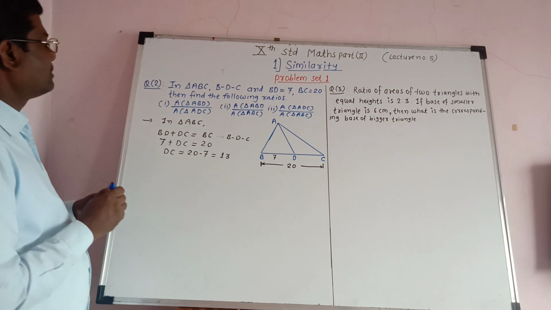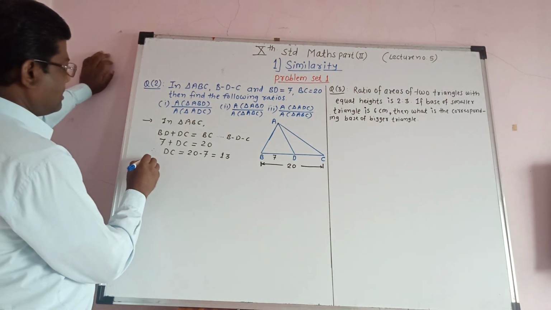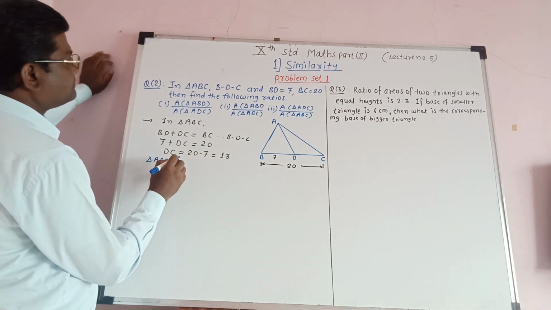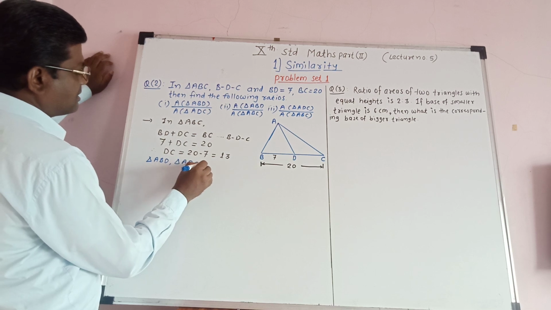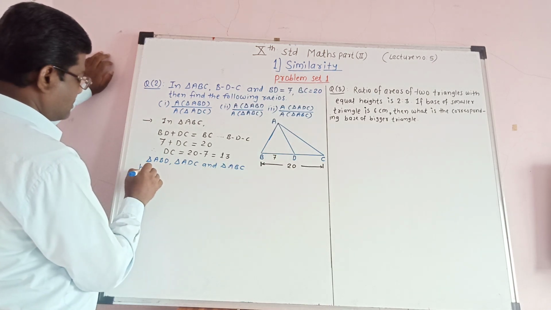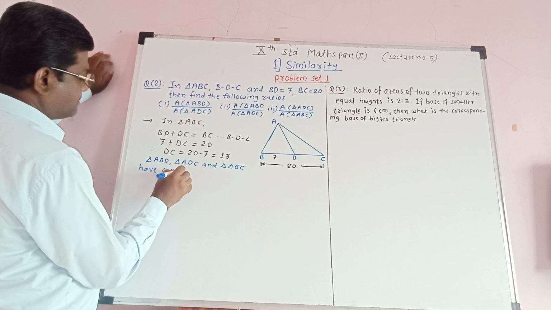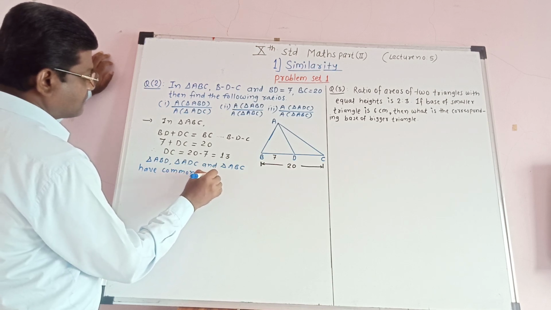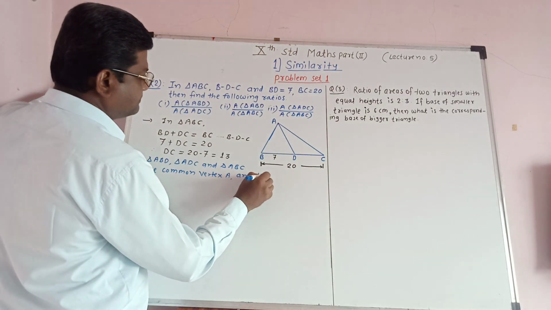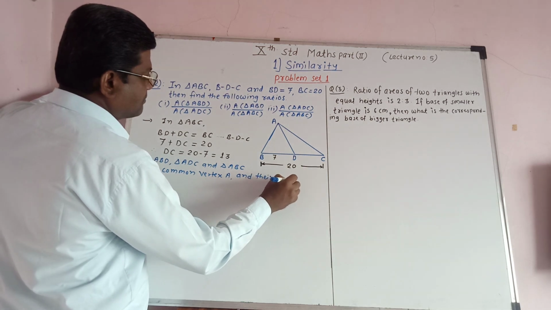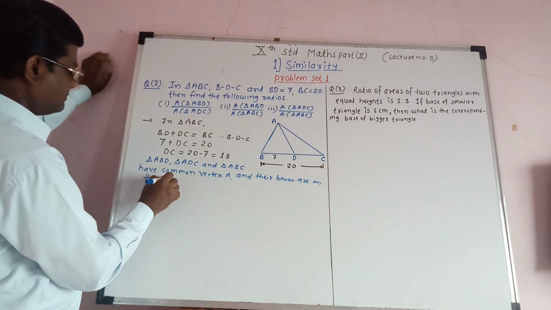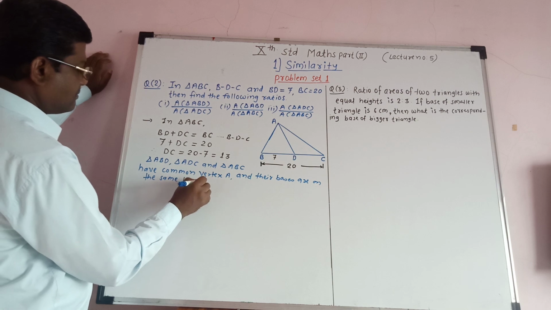Now, triangle ABD, triangle ADC and triangle ABC have common vertex A and their bases are on the same line BC.